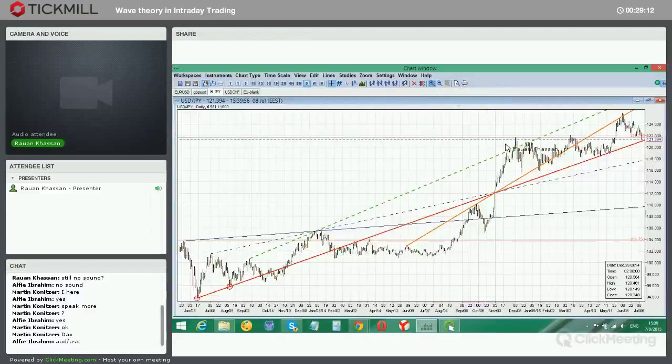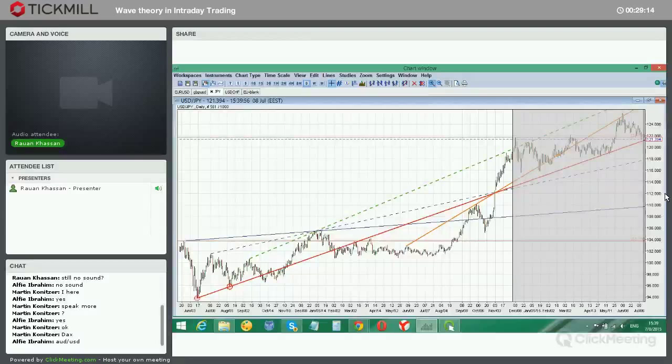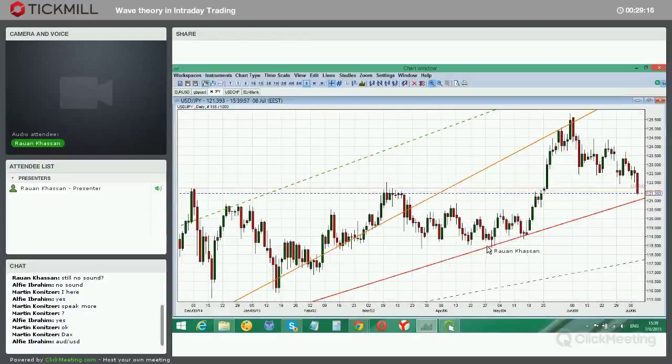As you may see, this line, which is now selected in red color, has given us exact dynamic support in the time period of April and May, just 2 months ago.